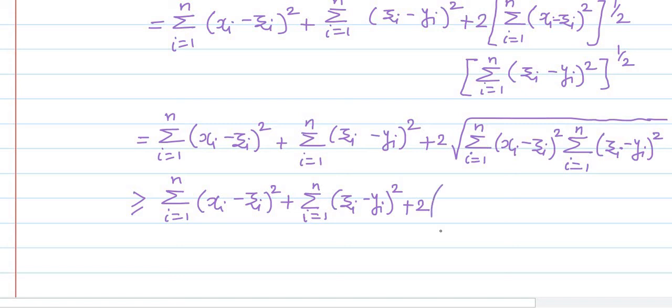So it is plus 2 times the summation over i equal to 1 to n of (xi minus zi) into (zi minus yi).